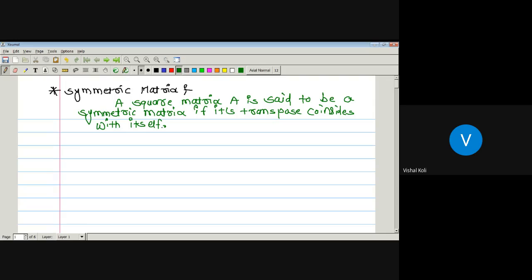Any square matrix A is said to be symmetric if its transpose coincides with itself. With itself means if we have a matrix A and we take its transpose, then the transpose must be equal to the matrix A itself. That is, A equals A transpose.